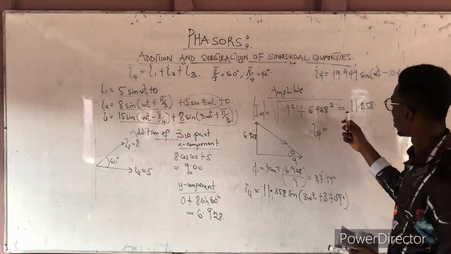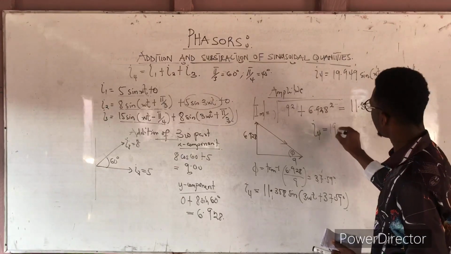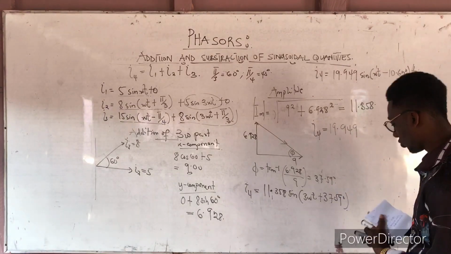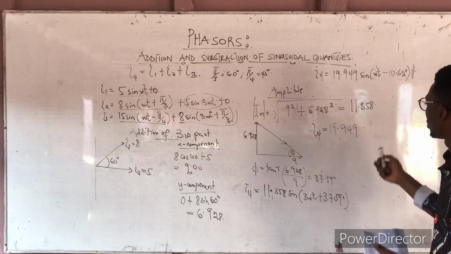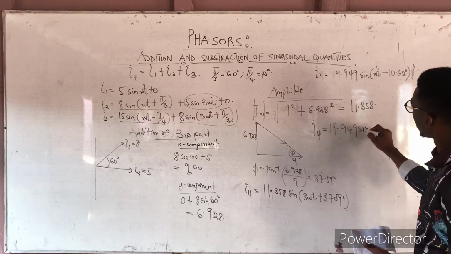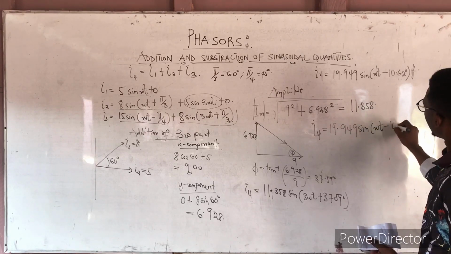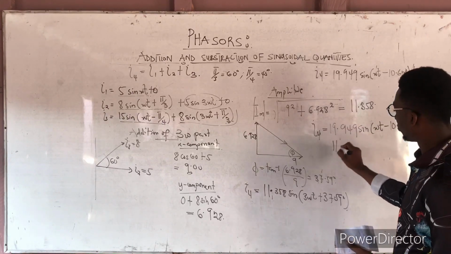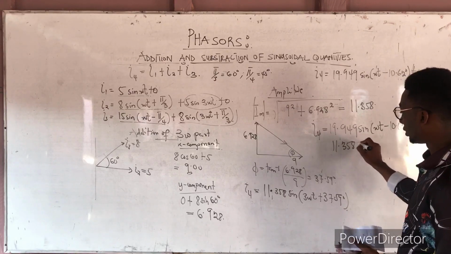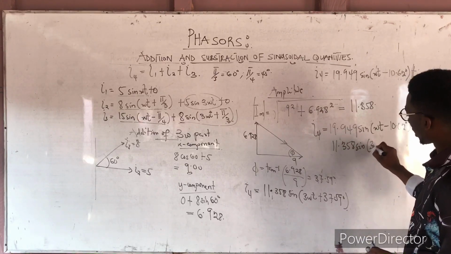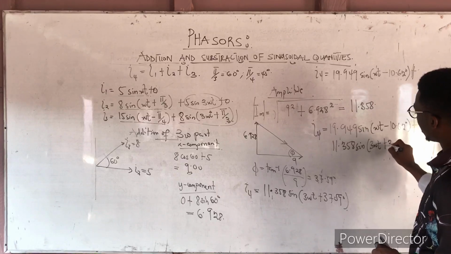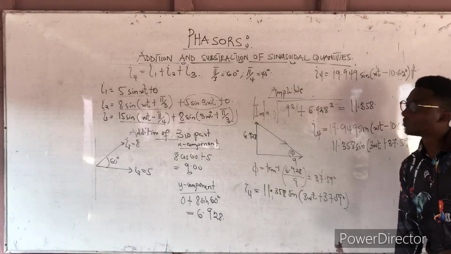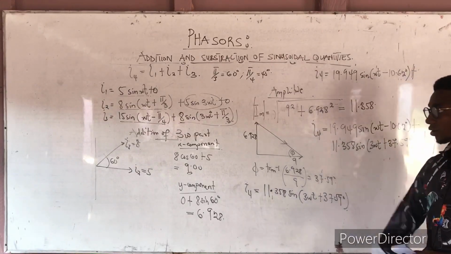So we get 19.949 sine omega t plus 62 degrees, plus 11.358 sine 3 omega t plus 37.59 degrees. Okay, and this brings us to the end of this calculation.